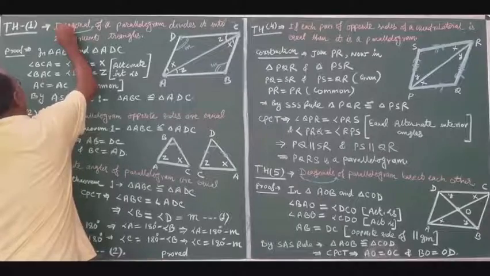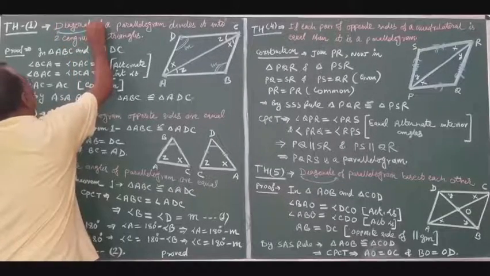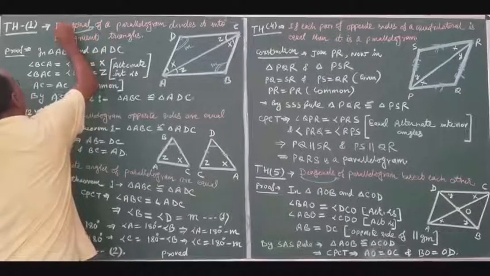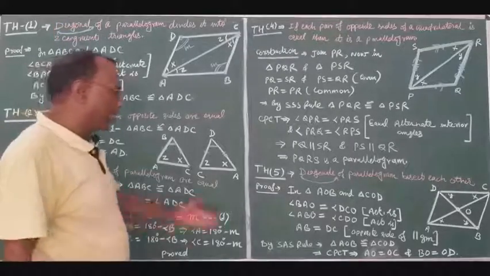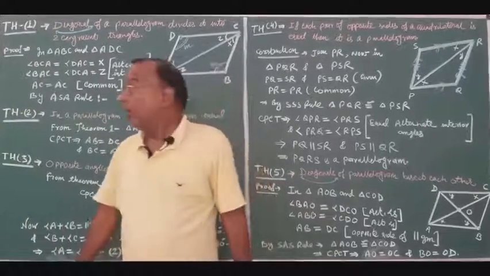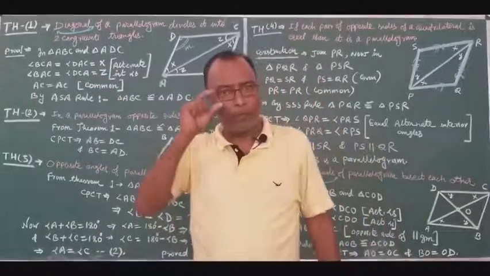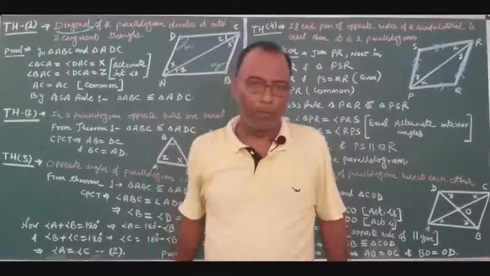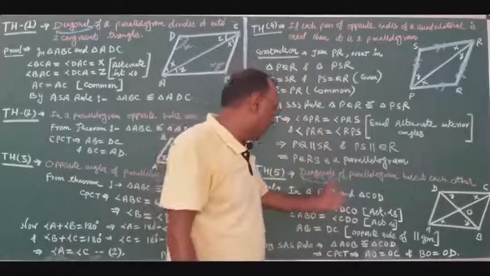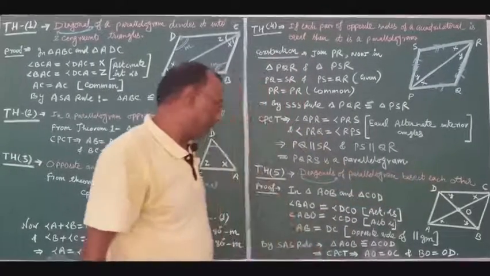So this is a single diagonal and this is plural. Plural means two diagonals are here. In theorem number 1, we are talking about only one diagonal. Here we are talking about both the diagonals.